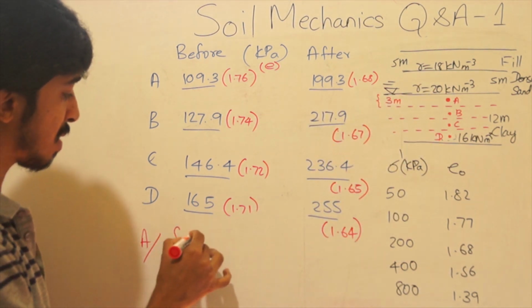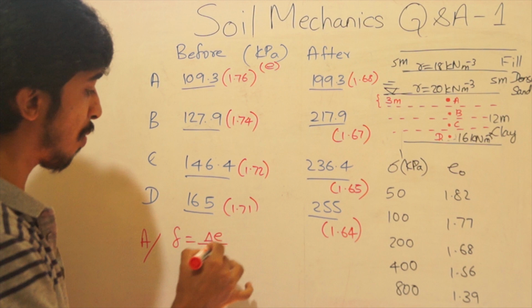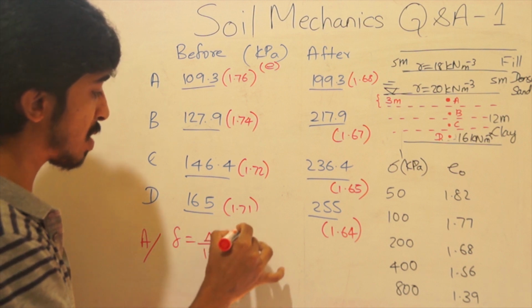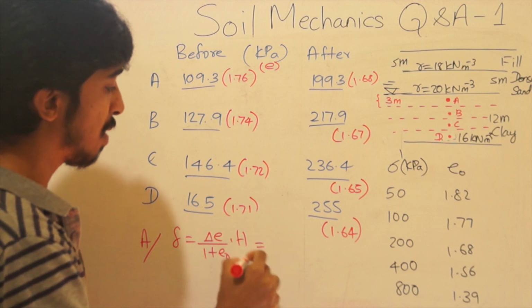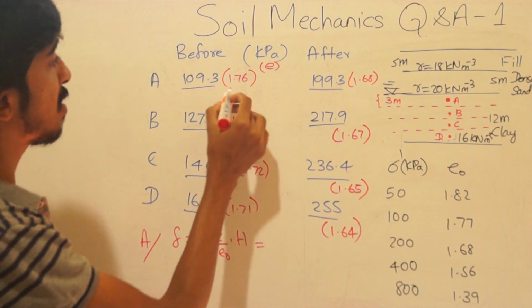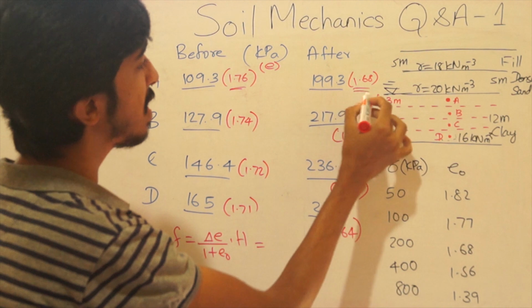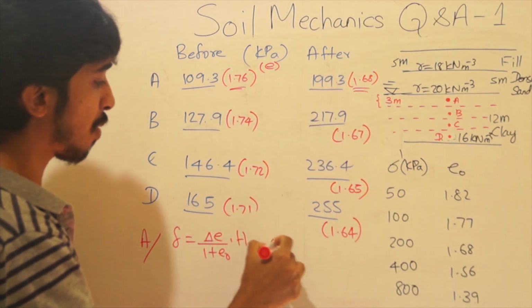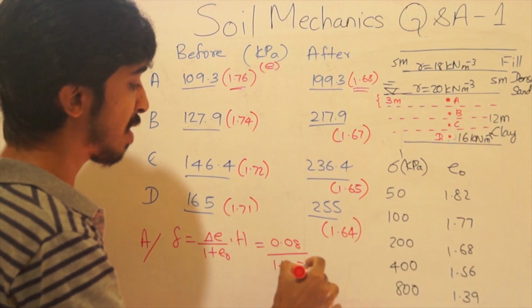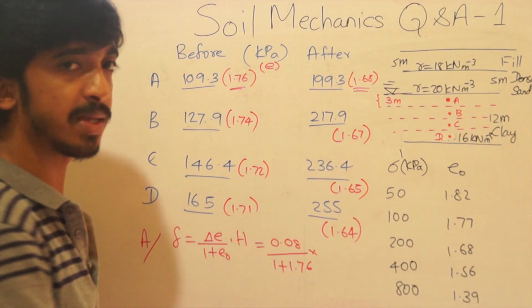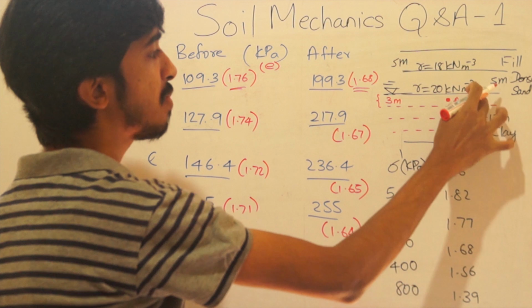We know delta is equal to delta e over 1 plus e naught into H. We have proven this. So the change in void ratio, 1.76 to 1.68, is 0.08, over 1 plus 1.76, into the thickness of the layer, which is 3 meters for this layer.